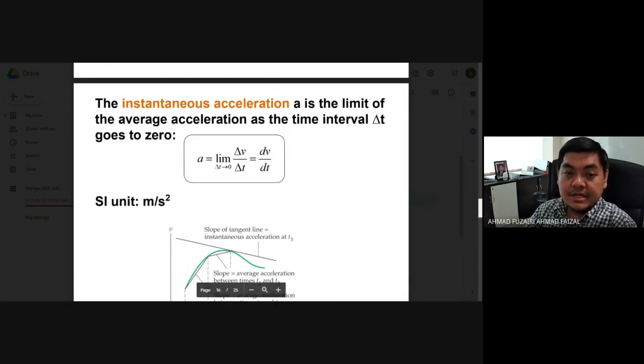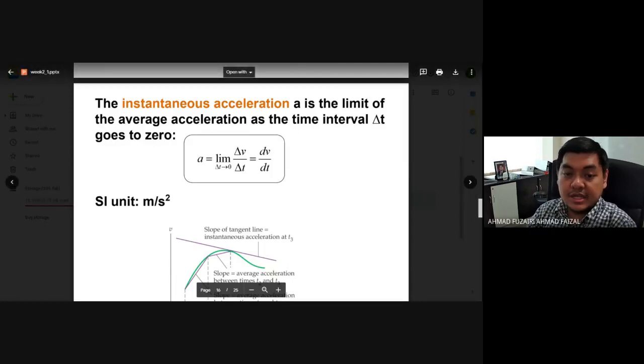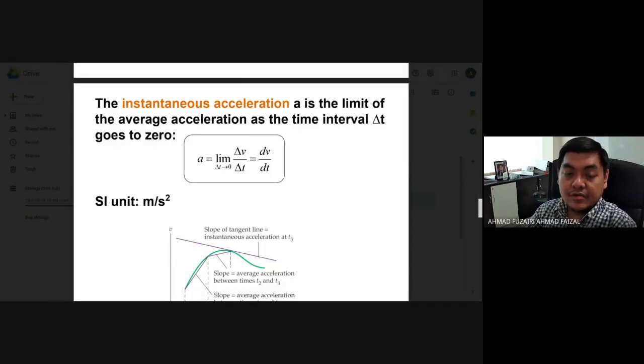Now we move to the instantaneous acceleration. So what is the instantaneous acceleration again? When we differentiate v, we can be given velocity in terms of a graph, or like we did just now, equations involving v.